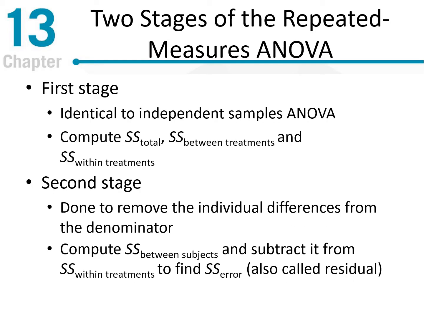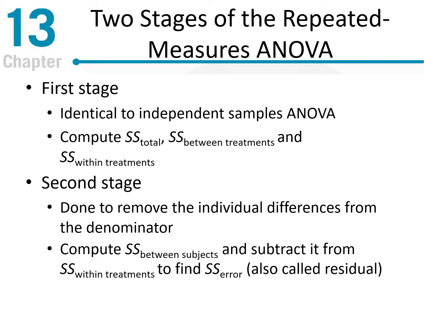So how do we compute this repeated measures ANOVA? There are 2 stages to the computation. The first stage is the same thing that we did last time, the independent groups ANOVA. You compute the sum of squares total, the sum of squares between, and the sum of squares within. Now the difference is, after you've done all those, you need to take that sum of squares within and subtract the individual differences.